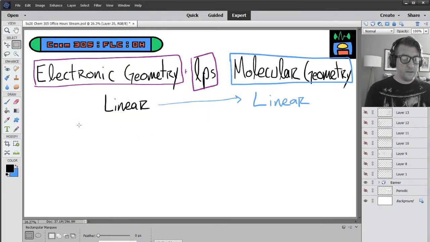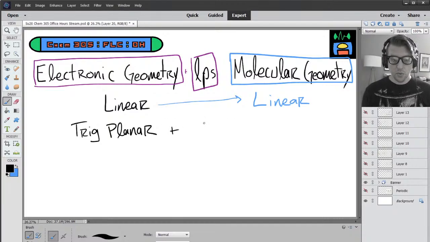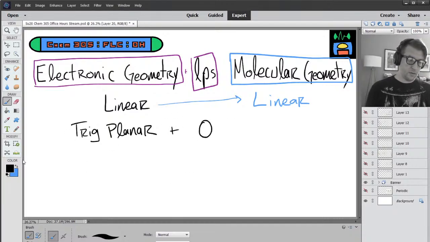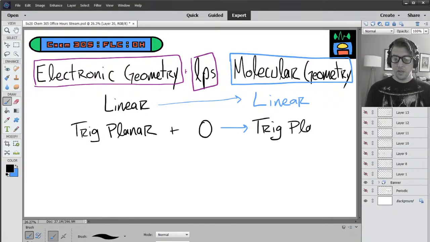Now, if you have a trigonal planar paired together with 0 lone pairs, all right, if you've got no lone pairs, then your molecular geometry is going to be trigonal planar. Anytime you have no lone pairs on your central atom, the molecular geometry and electronic geometry will be the same.